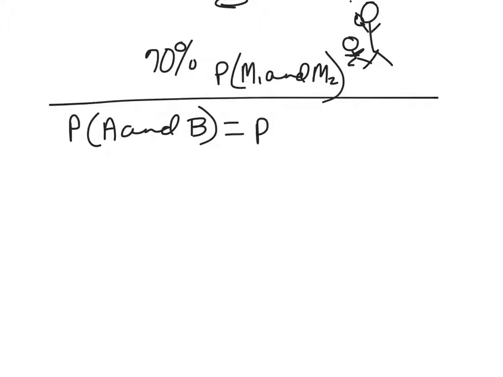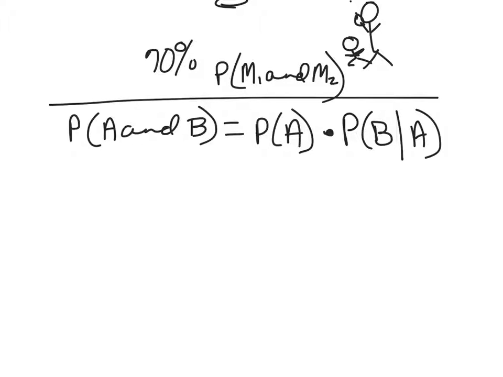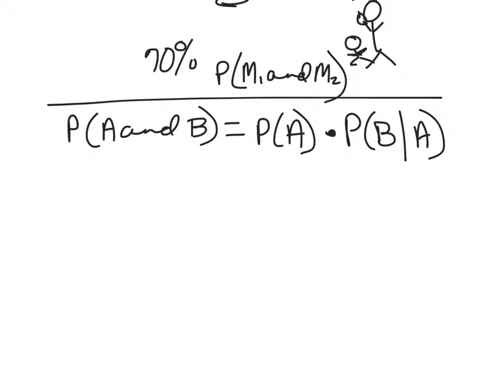It equals the probability of A, and then instead of adding like we did with our OR problems, we multiply the probability of B given that A has occurred. So the second part of our formula is actually a conditional probability. That's how it ties together.